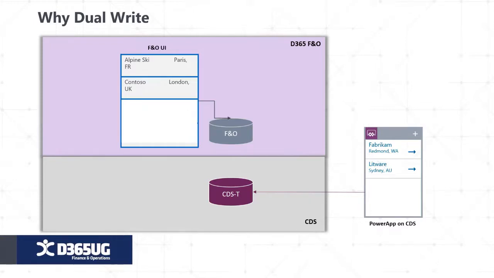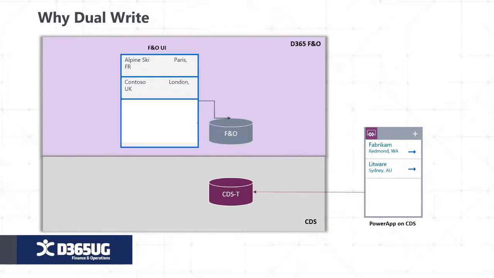First, we need to understand why Microsoft built dual write and what problems Microsoft tried to solve with yet another feature, called dual write, where we already have a Data Integrator. So think of Dynamics 365 Finance and Operations and CDS environments.